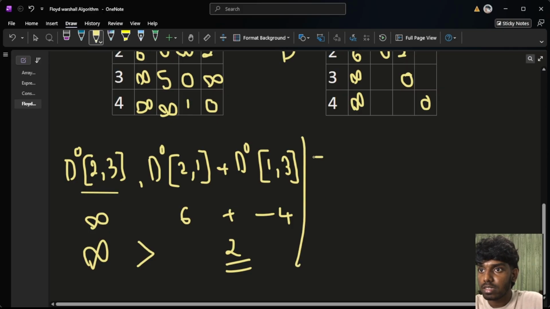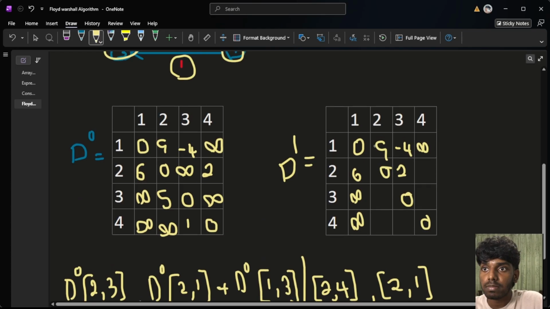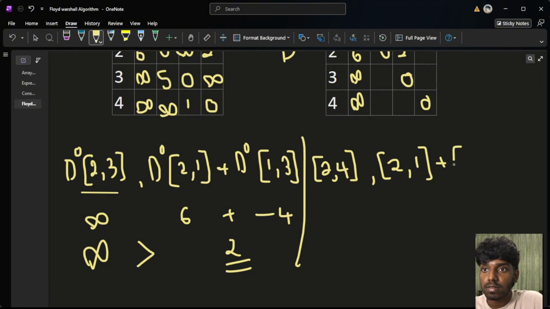From D0 we have to look at the D2 to 4, and then from D0 we have to look at the 2 to 1, because we are implementing this matrix via 1, and then plus 1 to 4.